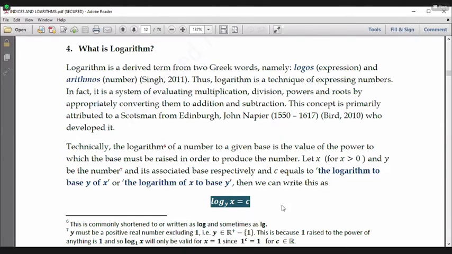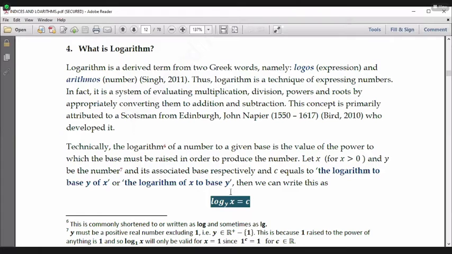I've said log to base 10 of 100 is 2. That's the same as 10 raised to power 2 is 100. Log to base 10 of 1,000 is 3. That's the same as 10 raised to power 3 is 1,000. This is the general form. So I say log to base y of x equals c, or in index form, y to power c equals x. That is the meaning of logarithm.